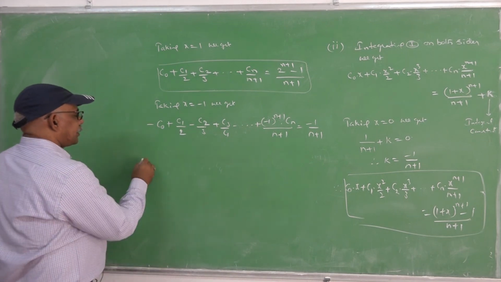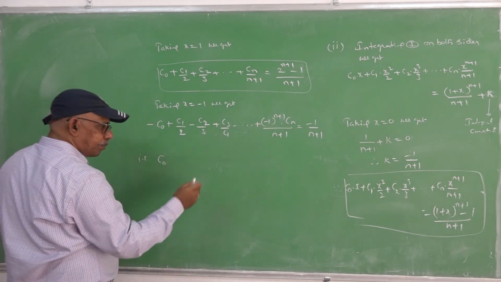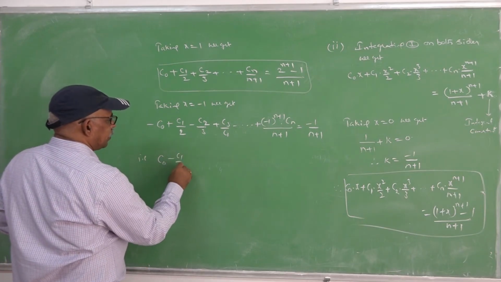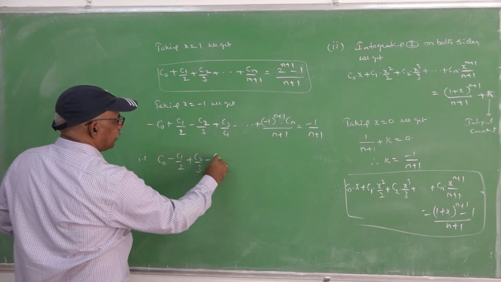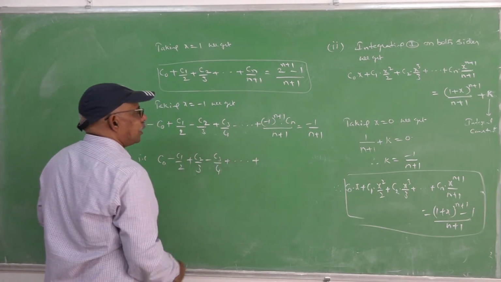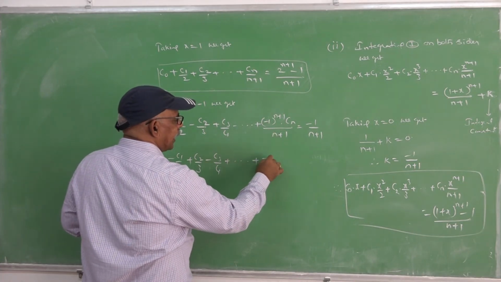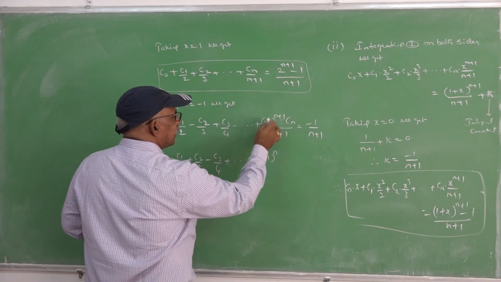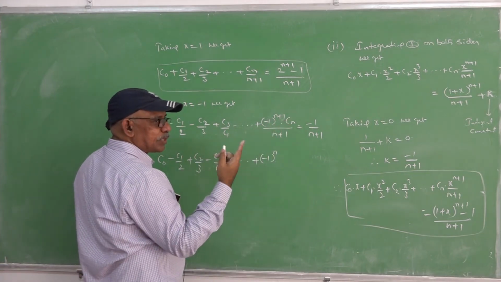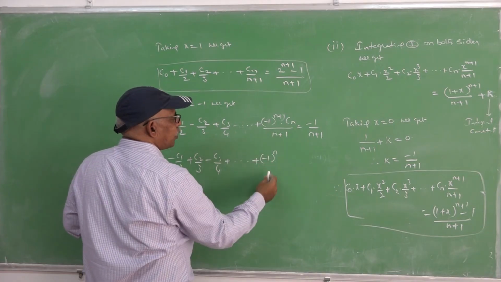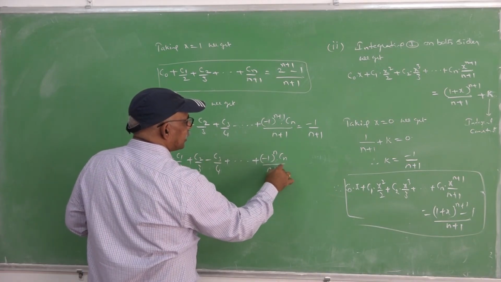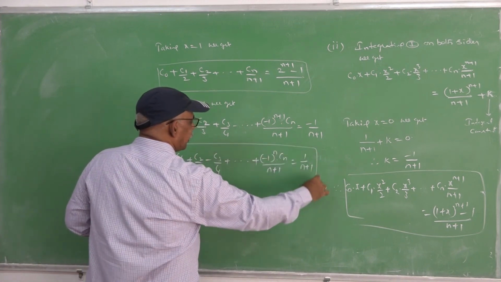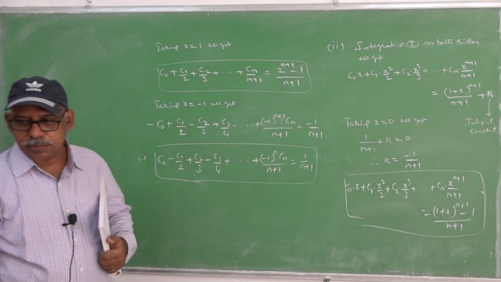Taking the product on both sides with the minus, C0 minus C1 by 2 plus C2 by 3, alternatively plus minus, and minus 1 whole power n into Cn by n plus 1 takes the value 1 by n plus 1 itself. This is one more result.